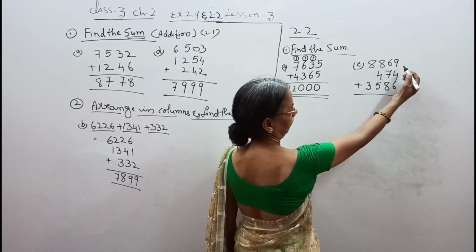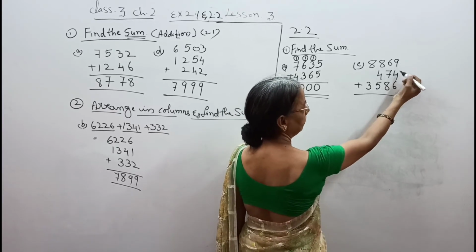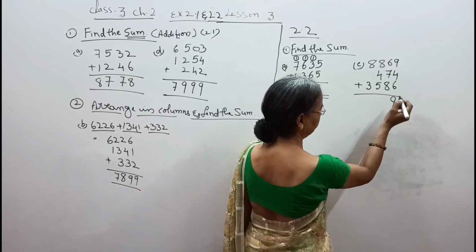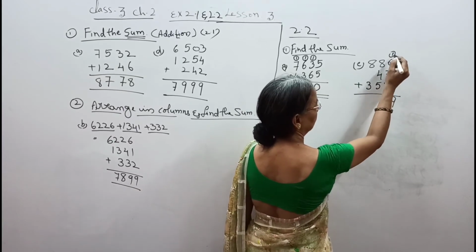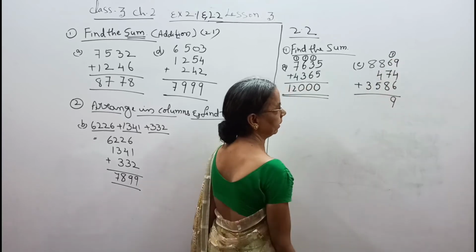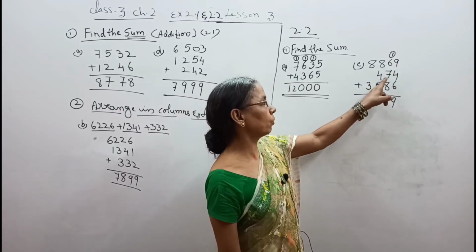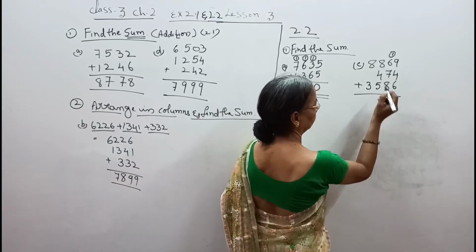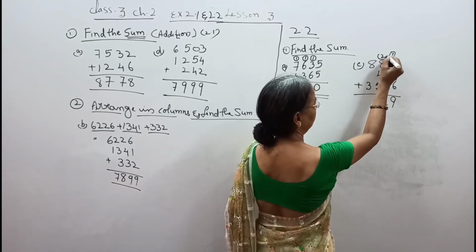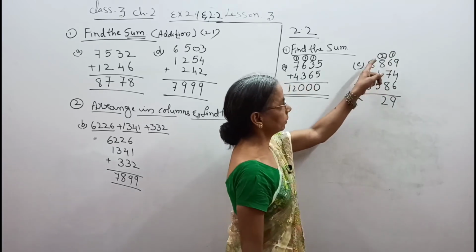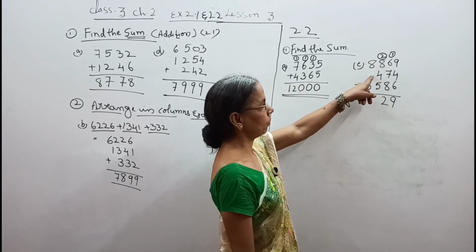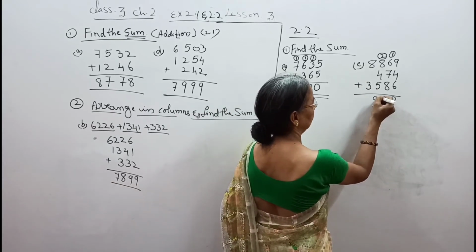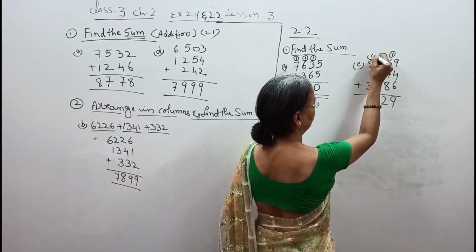Now we go for adding, that is 9 plus 4, 13, 13 plus 6, it is 19, 9, 1 carried, then 6 plus 1, 7, 7 plus 7, it is 14, 14 plus 8, it is 22, 2 carry, 8 plus 2, 10, 10 plus 4, 14, 14 plus 5, 19, 9 comes here, 1 carried.